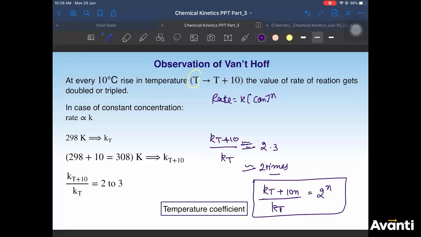If you increase the temperature by N multiples of 10, the rate becomes 2 to the power N times. For example, if you go from 10 Kelvin to 30 Kelvin, 30 can be written as 10 plus 2 into 10. So you have increased it by 2 multiples of 10, and the rate of reaction will become 2 to the power 2, that is 4 times. Is this formula clear to everyone?